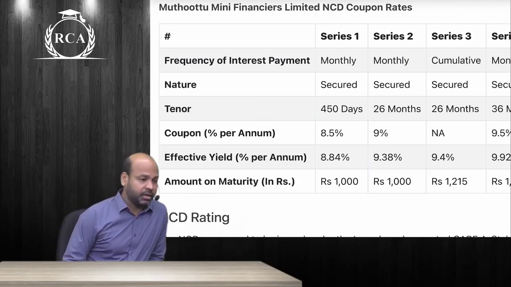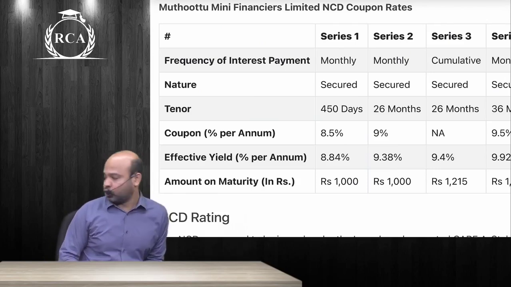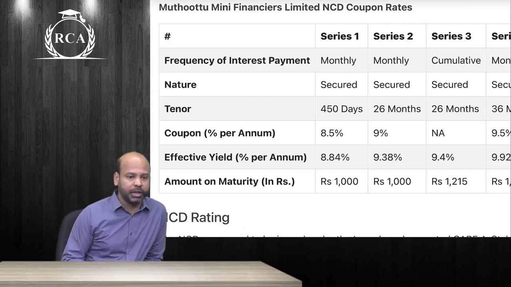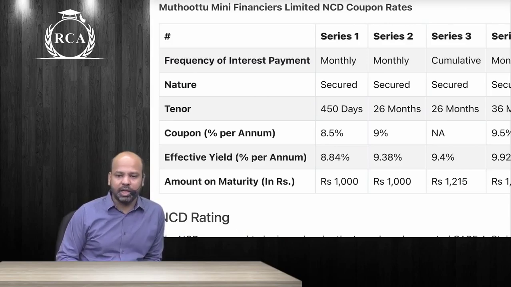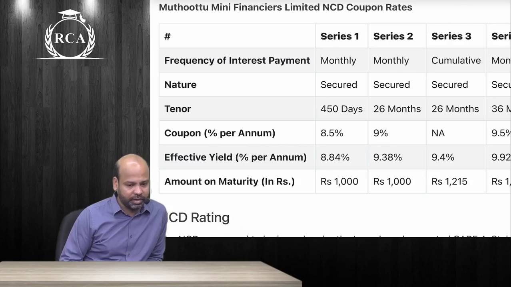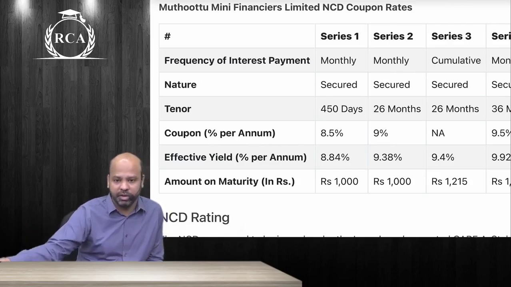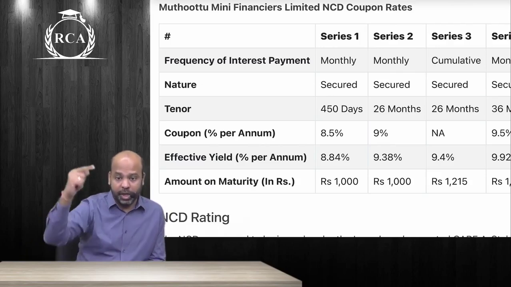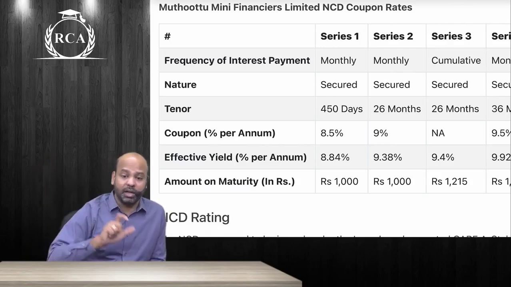See guys, this is what. If you are realizing cash flows on a monthly basis, will you be able to reinvest elsewhere on a monthly basis? For you it has become monthly compounding. For the company also, guys, please do not forget there is an outflow. Isn't that increasing their opportunity cost at the end of the first month only? Instead of paying you the amount at the end of the entire year, they're giving you on a monthly basis.